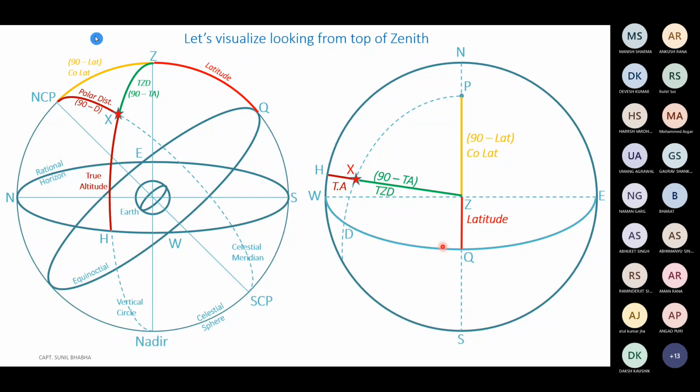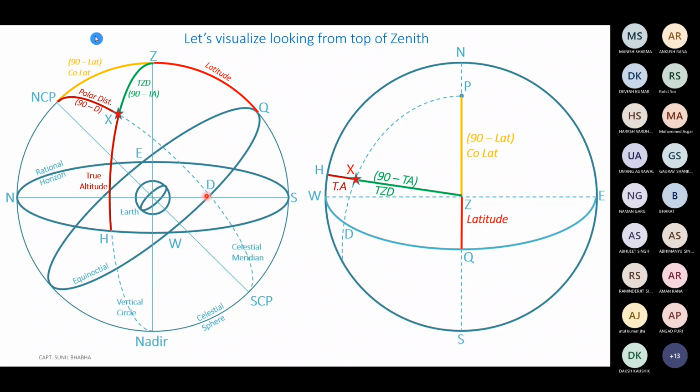It cuts the WQE line. The WQE line is the equinoctial, at point D. Now you can look at it in the celestial sphere also. The celestial meridian from the pole going up to the body X goes up to the equinoctial at this particular point. So this point here is the D point referred to in our rational horizon diagram.